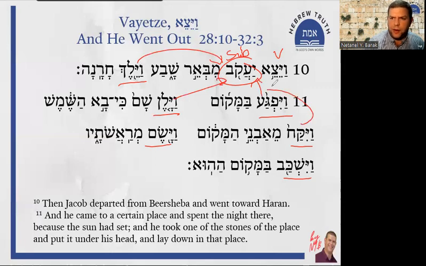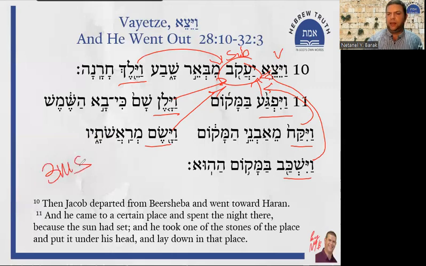Due to the fact that the Hebrew verb already contains the subject from a grammatical standpoint, we know that all of these are third person masculine singular. It is he did so and so. So we may assume that the he is the last person mentioned, and that is Jacob.